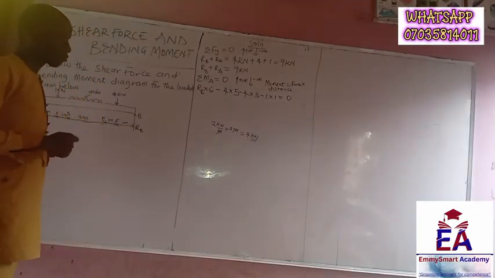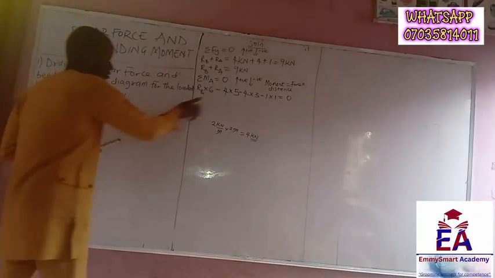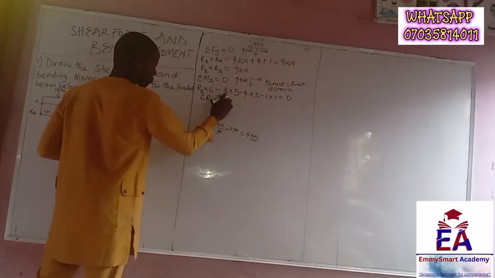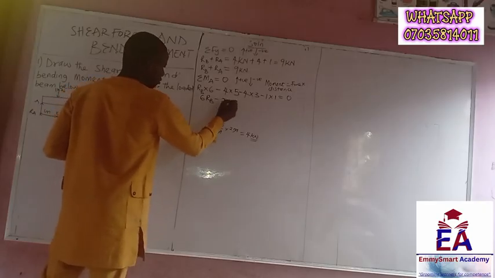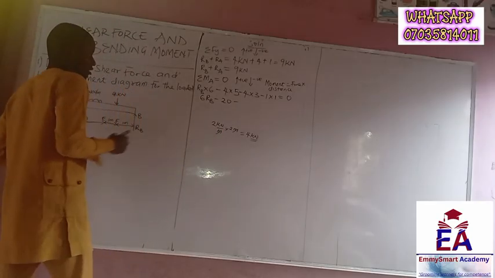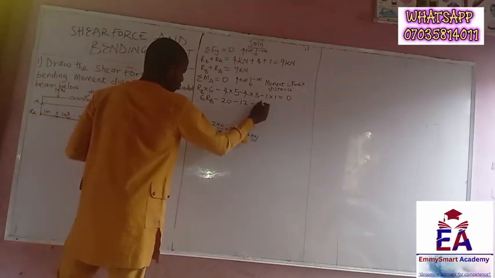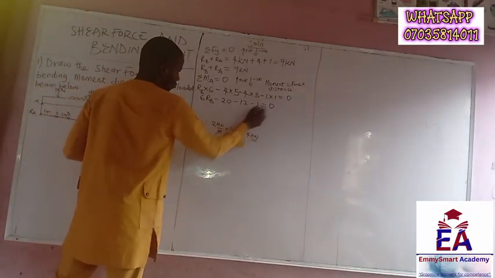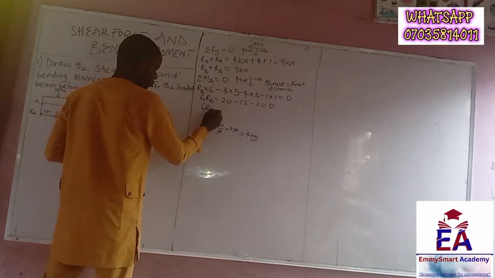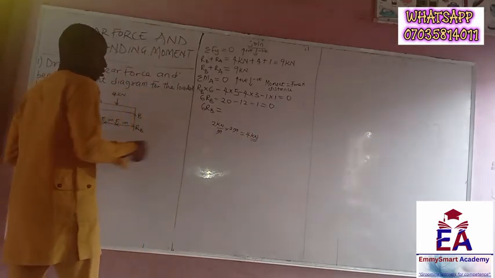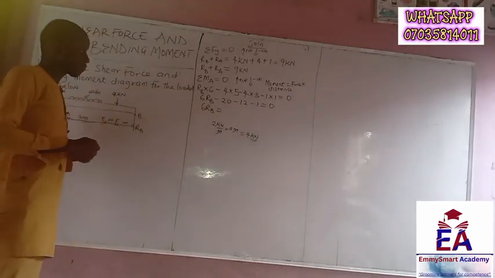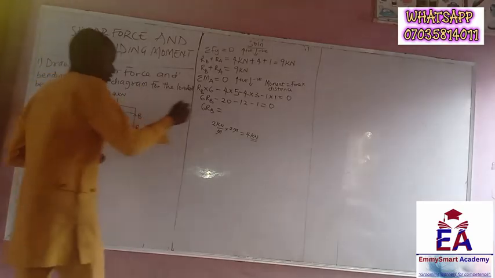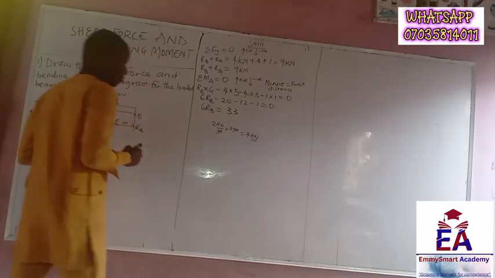The next thing to do, we have 6 RB minus 4 times 5, which is 20, minus 4 times 3, which is 12, minus 1. So I have 6 RB equal to 0, so 6 RB is equal to 20 and 12, which is 32, and 32 and 1 equals 33. So it's equal to 33.